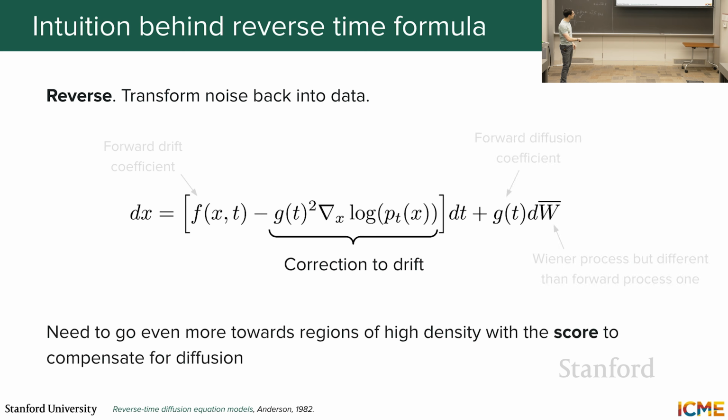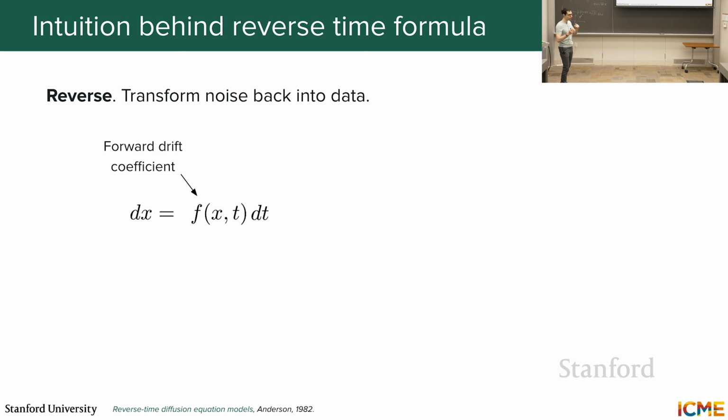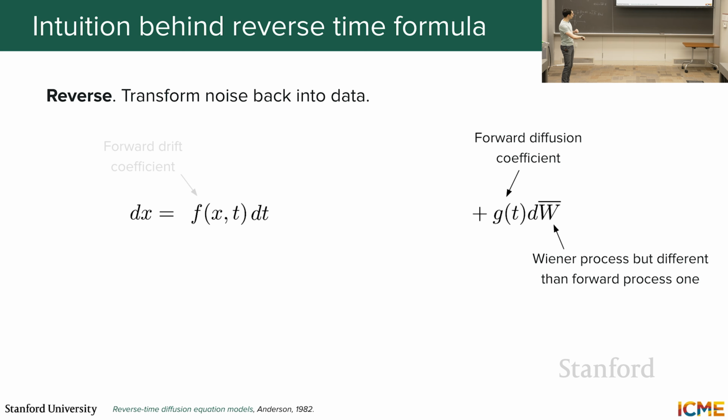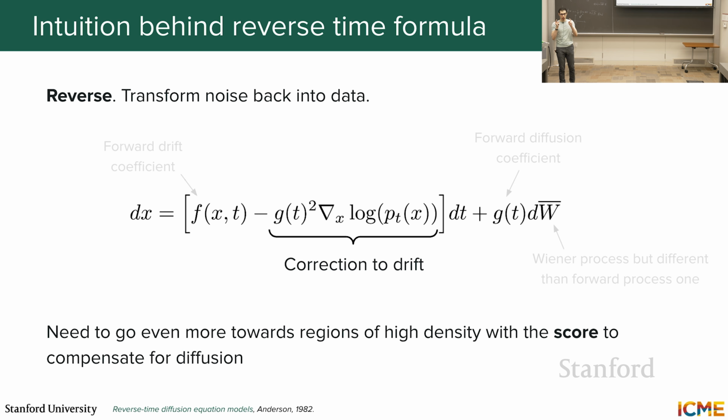And what we're saying is that in order to do the reverse process, we actually cannot just have the same equation. We need to add a correction in the drift that involves the score. And here is the intuition.